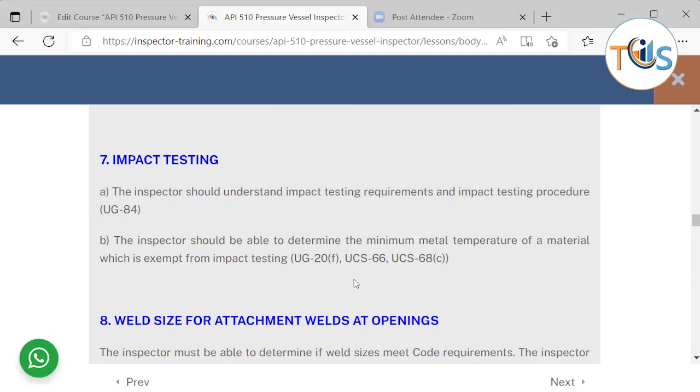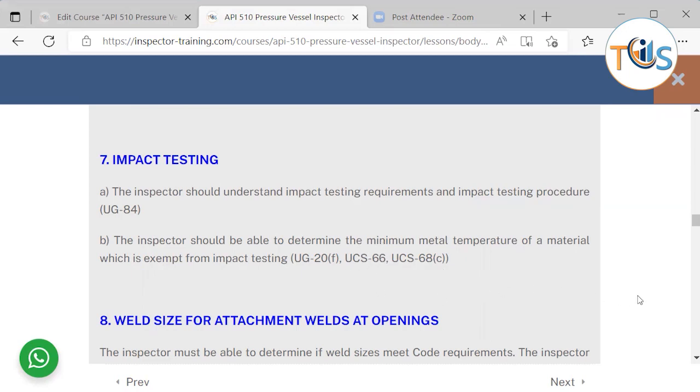And especially UCS-66, the general requirement for carbon steel, is very important for the Charpy test, because you need to find out whether you have to use this graph, and the associated tables would show you whether a particular material, from a P number and thickness and the operating temperature, needs an impact test or not. And there will definitely be some calculation coming.